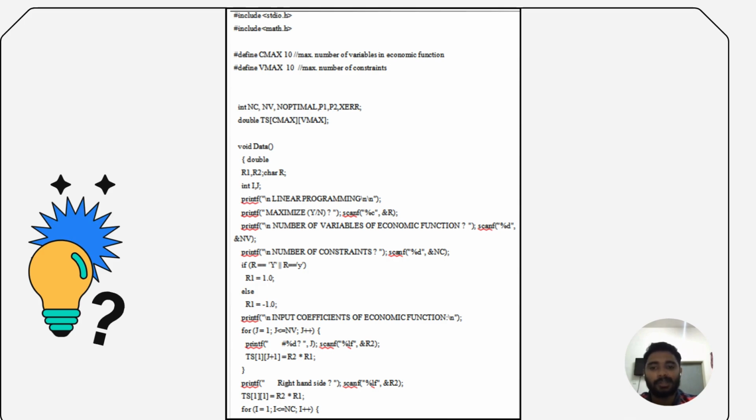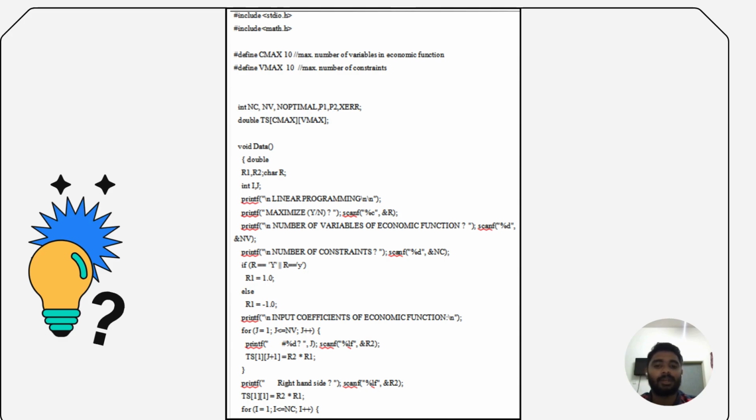The second line includes the mathematical library for mathematical functions. #define CMAX 10 defines a constant CMAX with a value of 10, representing the maximum number of variables in the economic function.